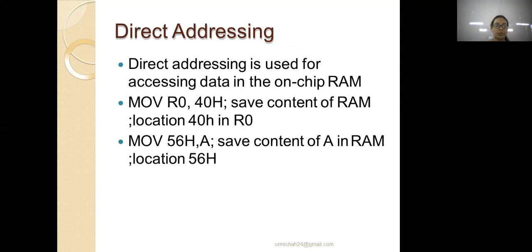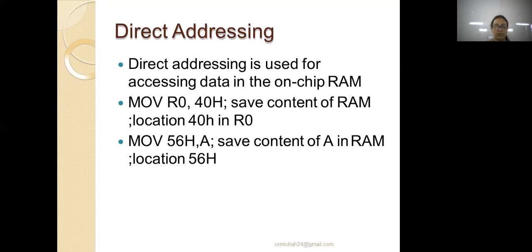Now the third mode is direct addressing mode. If you want to transfer data directly from some memory location into a register, then we will use direct addressing mode. Direct addressing mode is used for accessing data from an on-chip RAM memory location.